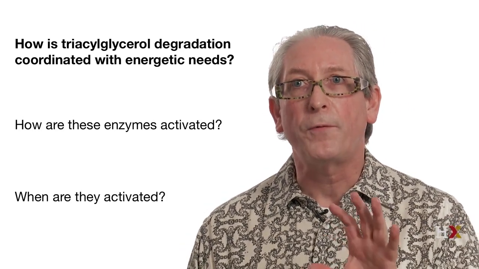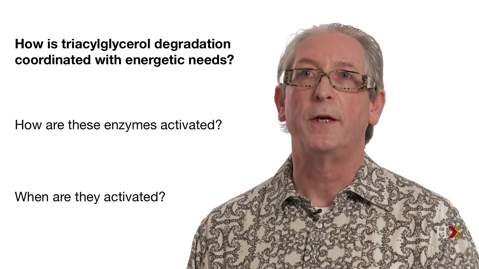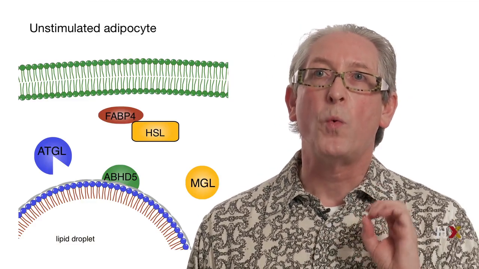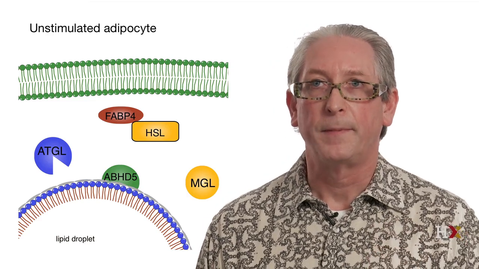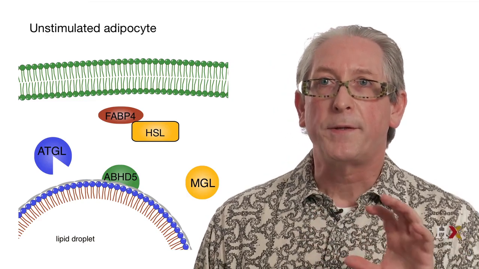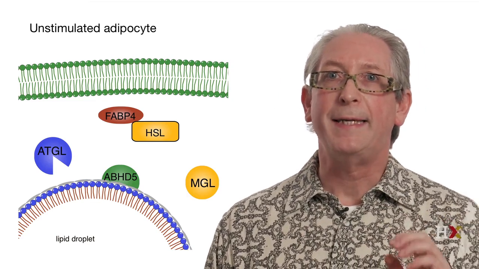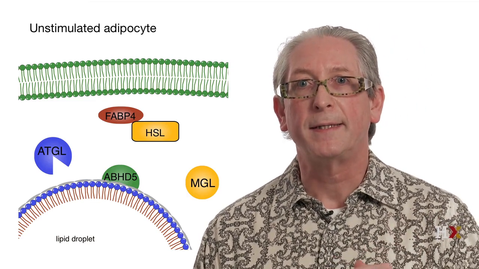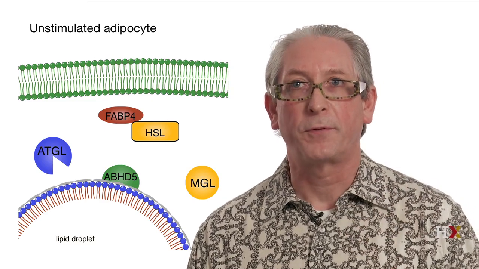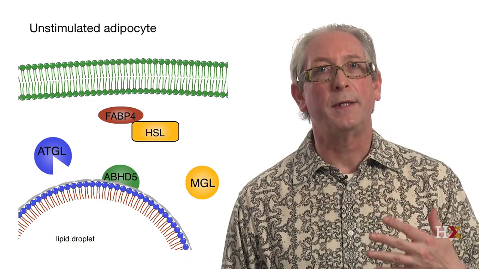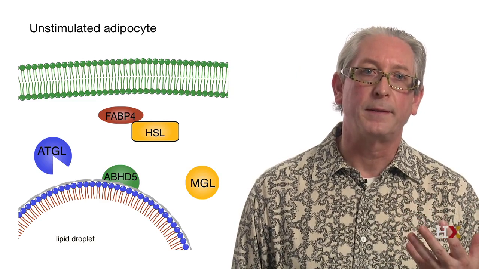So let's talk first about the activation of these enzymes, starting with an unstimulated adipocyte. The 3 enzymes are inactive because they are maintained away from their substrate. They cannot be recruited at the surface of the lipid droplet.